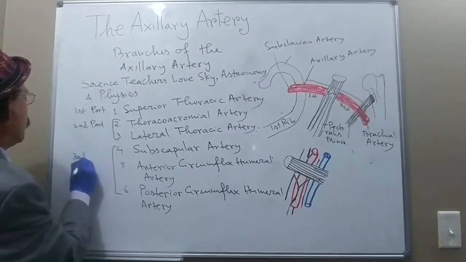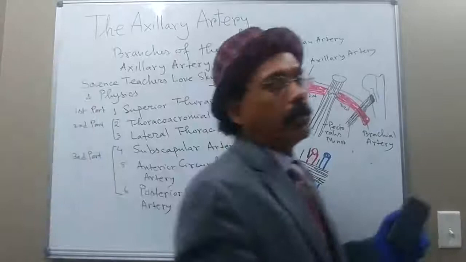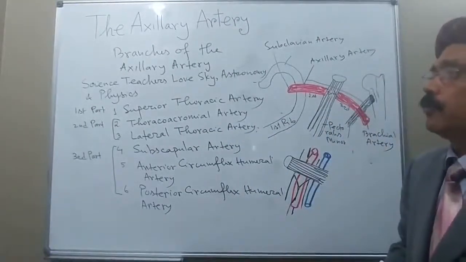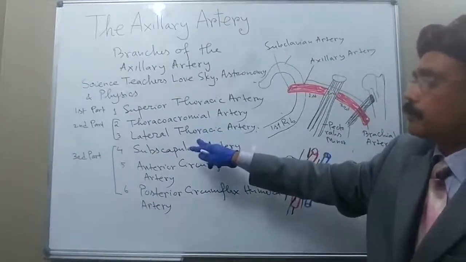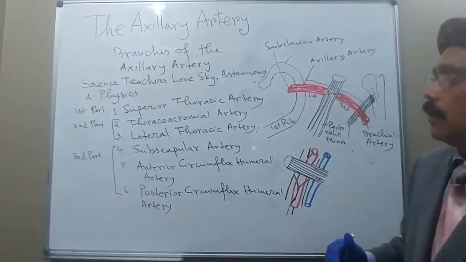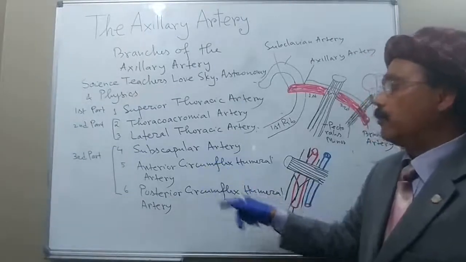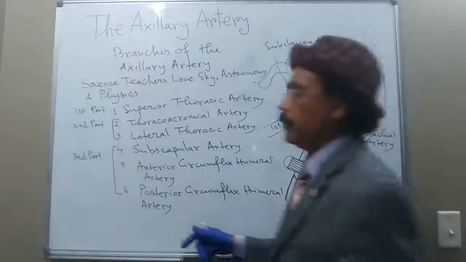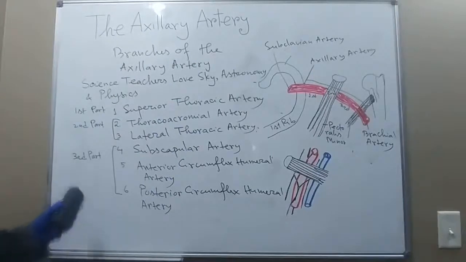So you can easily remember: first part one artery, second part two arteries, third part three arteries. First part: superior thoracic artery. Second part: thoracoacromial artery and lateral thoracic artery. Third part: subscapular artery, anterior circumflex humeral artery, posterior circumflex humeral artery. Okay, we got science teachers love sky astronomy and physics.